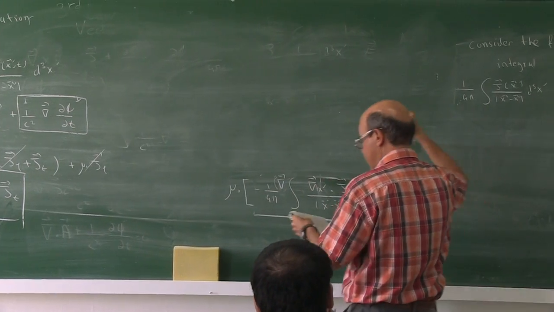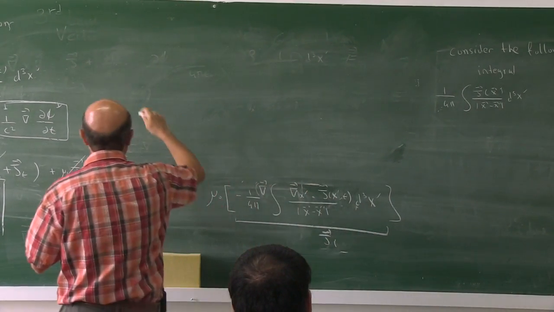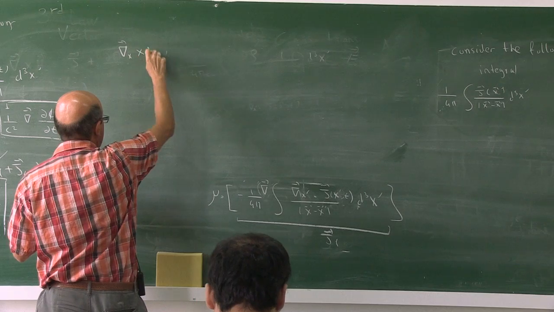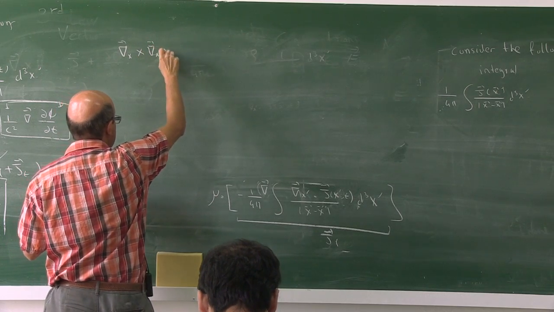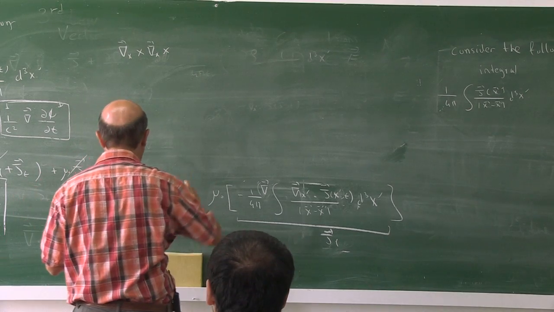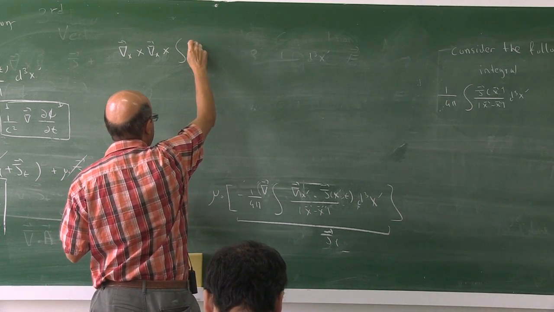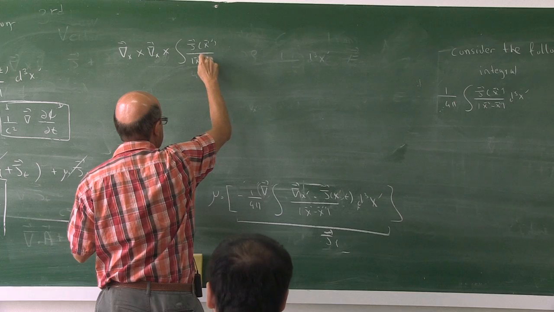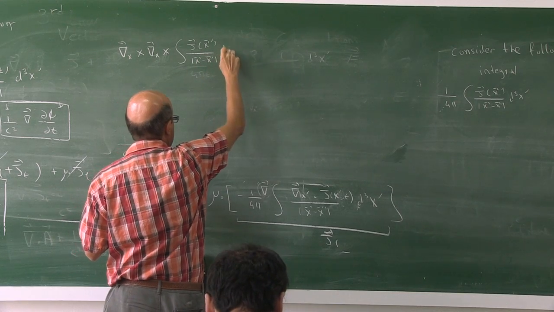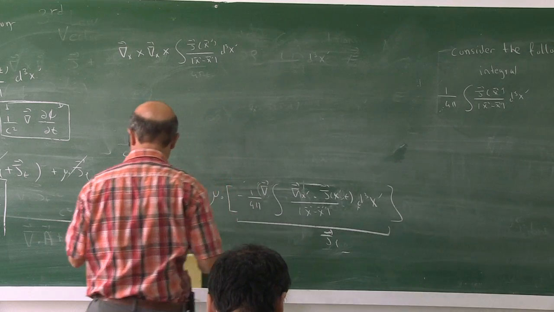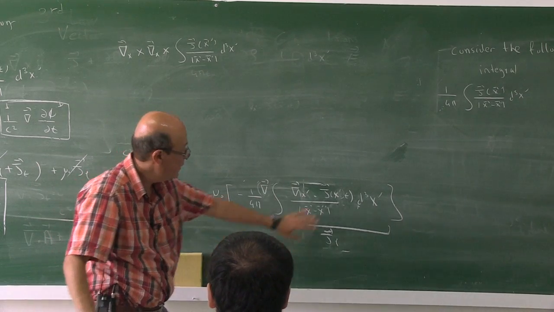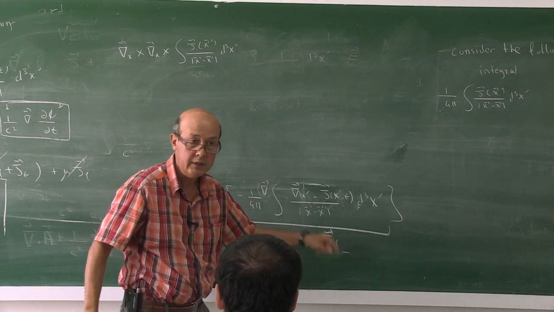So take this, take the curl of curl with respect to x, of current density over x minus x prime d cube x prime. Let me tell you again, this piece I call JL.